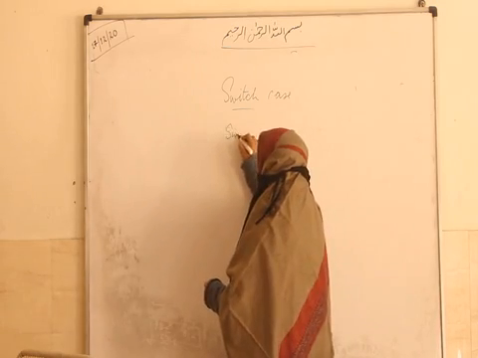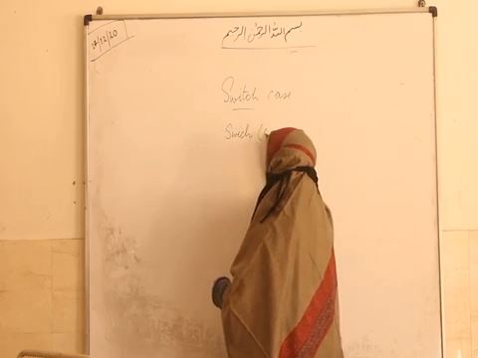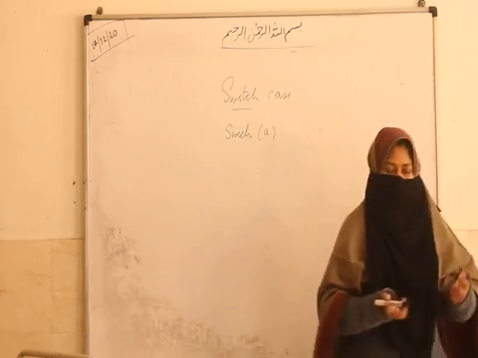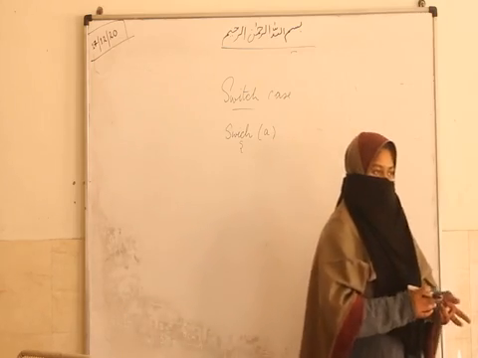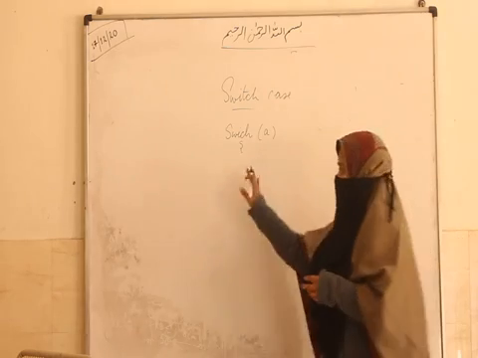Suppose I have written switch A, where A is a variable, any variable you can write, and you will come to know which variable it is when you write the whole program. I am just writing the switch part.